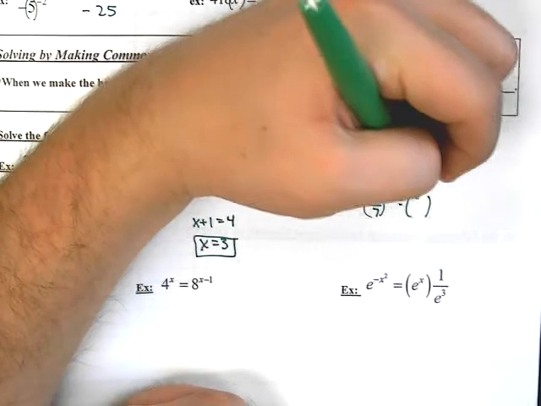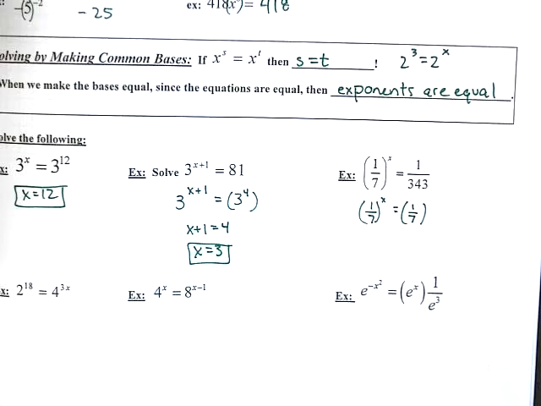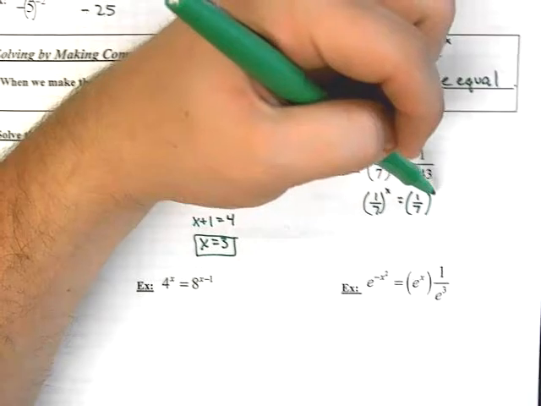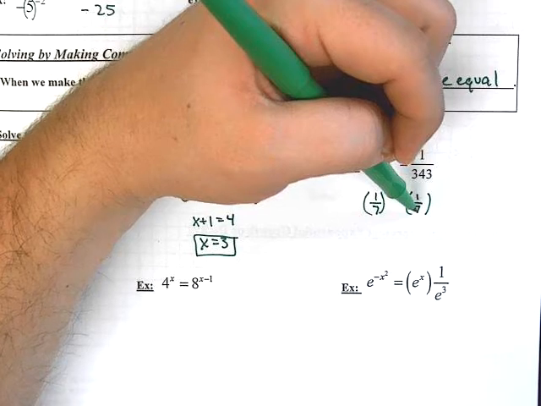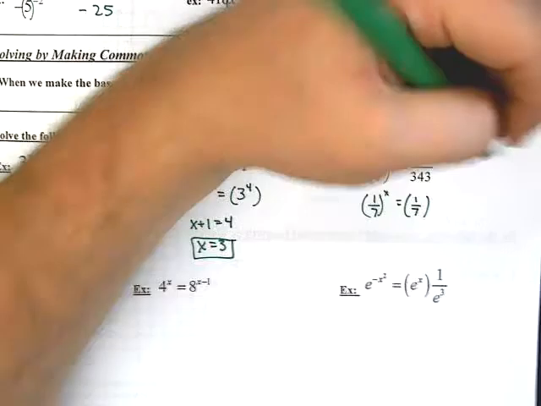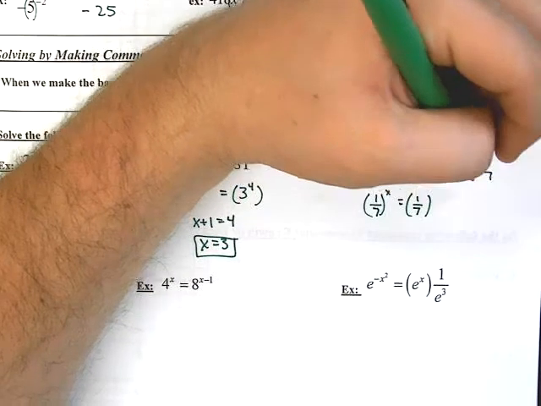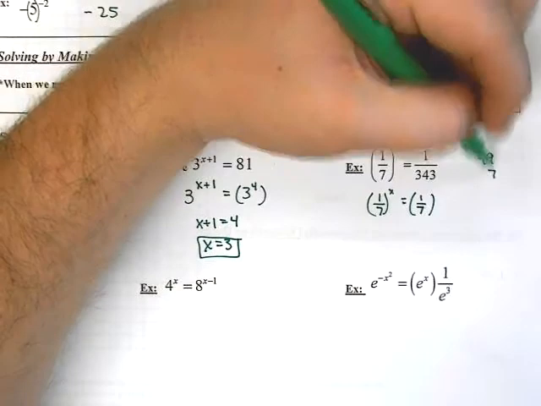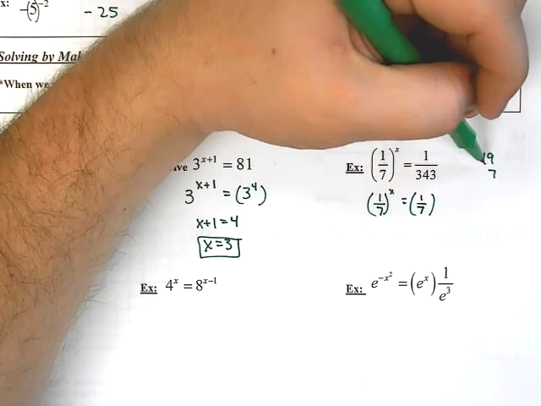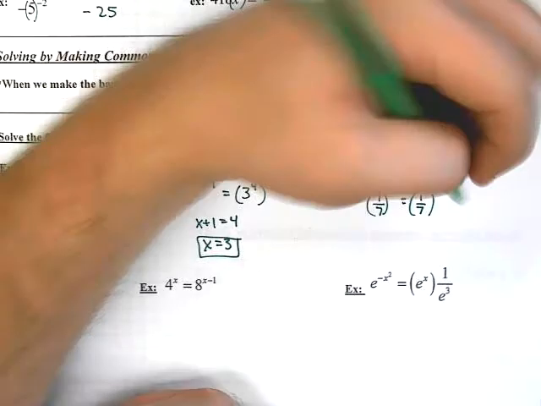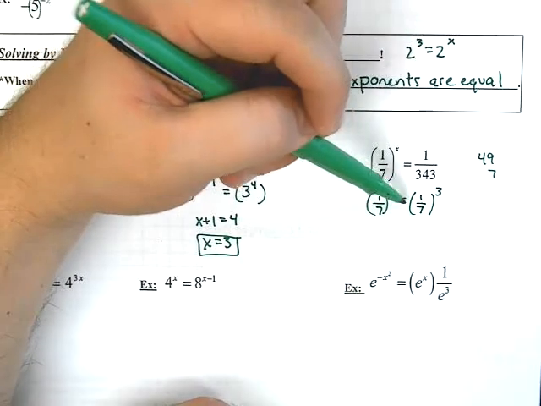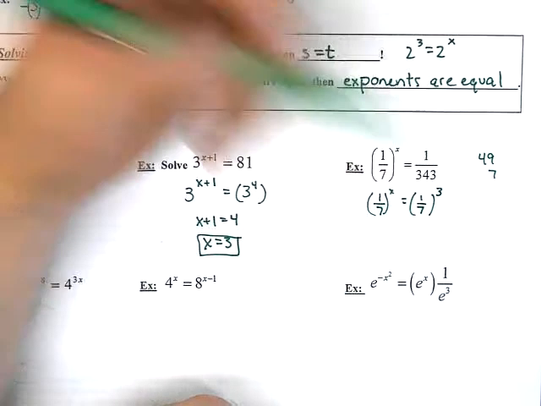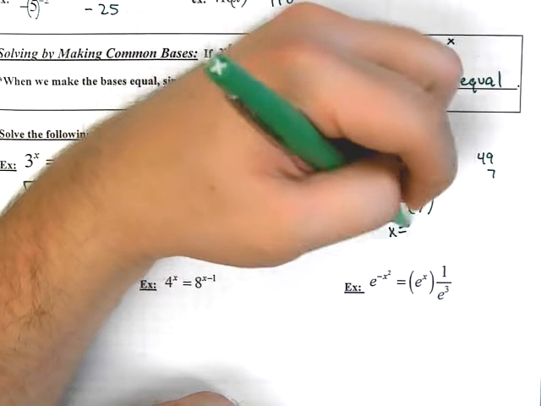It's going to be 1 over 7 to the something. It's not going to be squared, right? Because squared would be 1 over 49. But what about cubed? What's 49 times 7? 63, 280, 63 plus 280, 343. Got it. Okay, so I know that 1/7 to the x is equal to 1/7 to the 3rd. So now x is equal to 3.